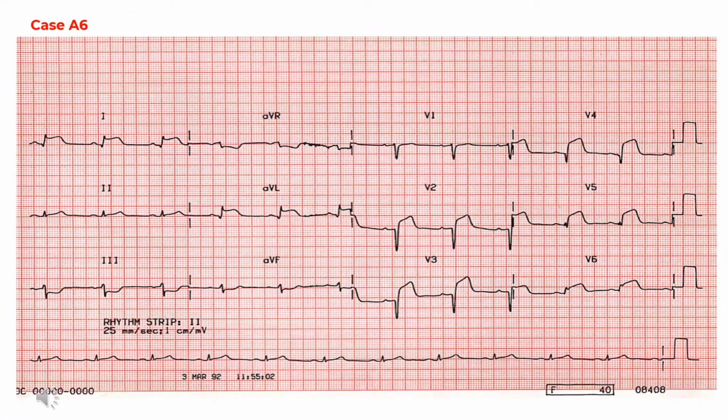Case 6. This shows the typical raised ST segments of acute anterolateral infarction in leads I, 2, AVL and precordial leads V2 to V6. In addition, there is reciprocal ST depression in leads 3, AVF and AVR, leads that record from the opposite side of the heart.